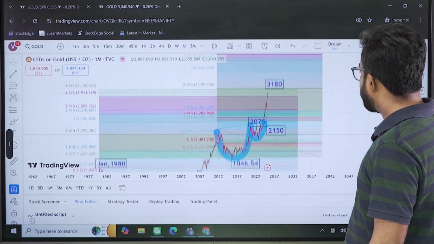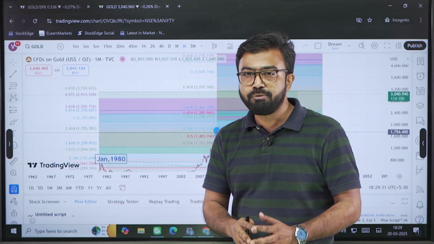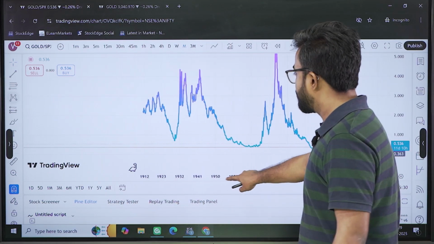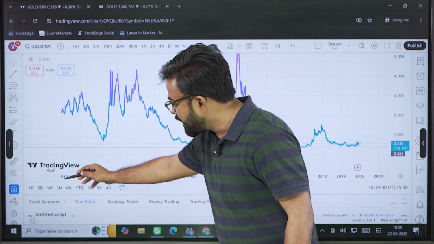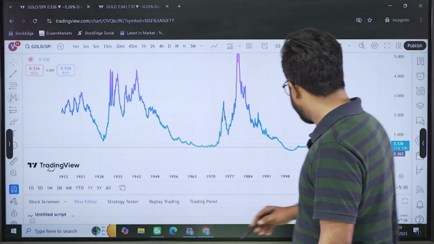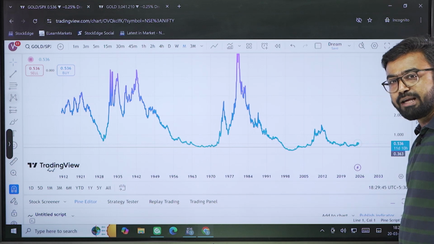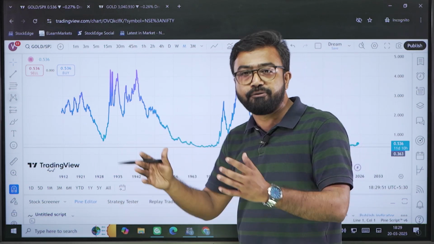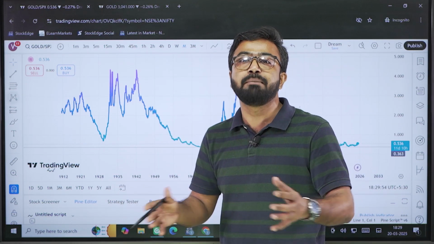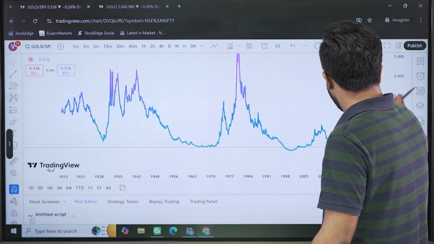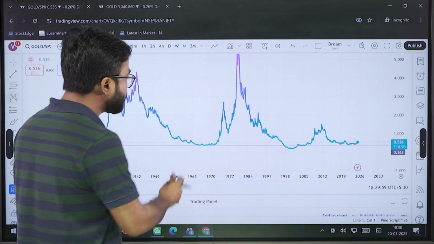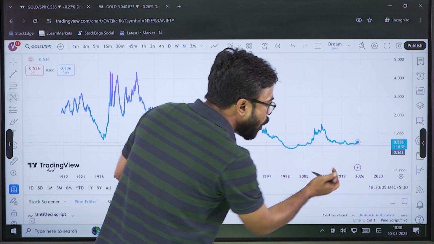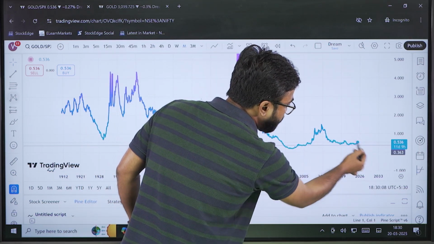Now let me show you another chart, and that would be very, very interesting. This chart is from 1912, and we are standing in 2025, that is more than a century. This data reflects more than a century timeline. Any person who looks at this chart will say that presently it is hovering around a major support.